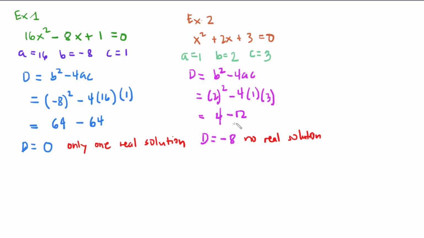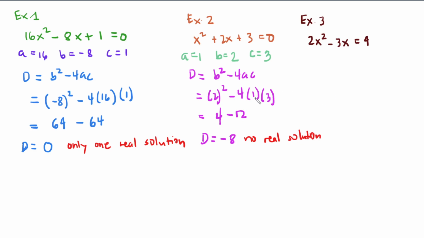Okay, so let's have another example. This will be our example number 3. I have here 2x squared minus 3x is equal to 4.